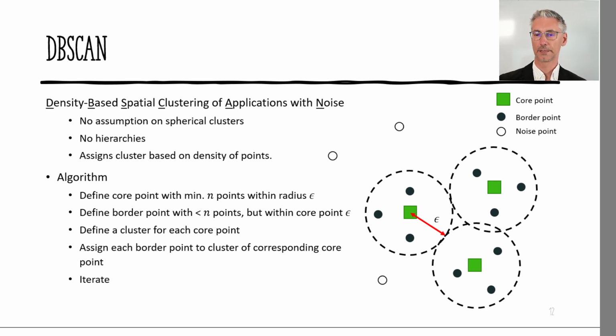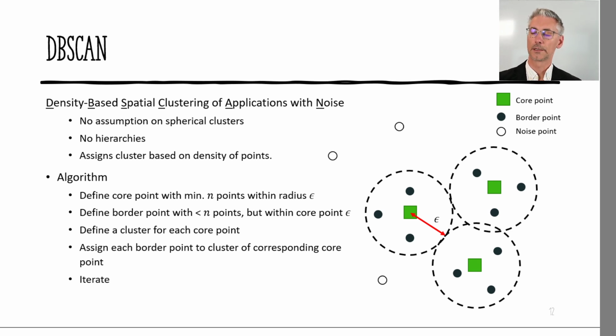So now we define a cluster for each of those core points and assign each border point to a cluster of the corresponding core point, and then we iterate. So this way we can find clusters. And note, we don't need to specify the number of clusters beforehand. The key point is that we define the radius and the number of points that constitute a cluster, and then the algorithm finds the suitable number of clusters.